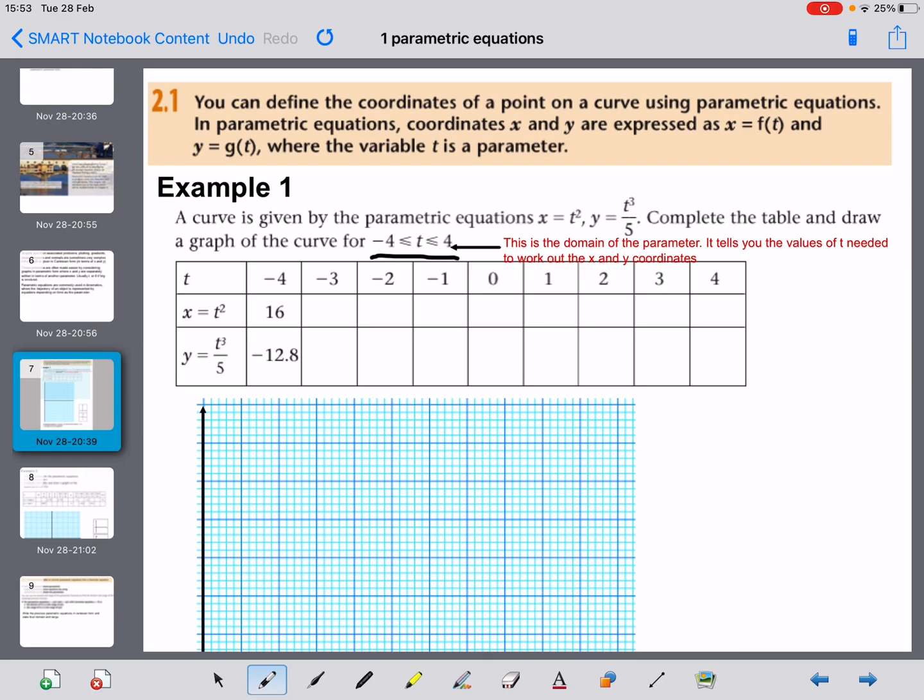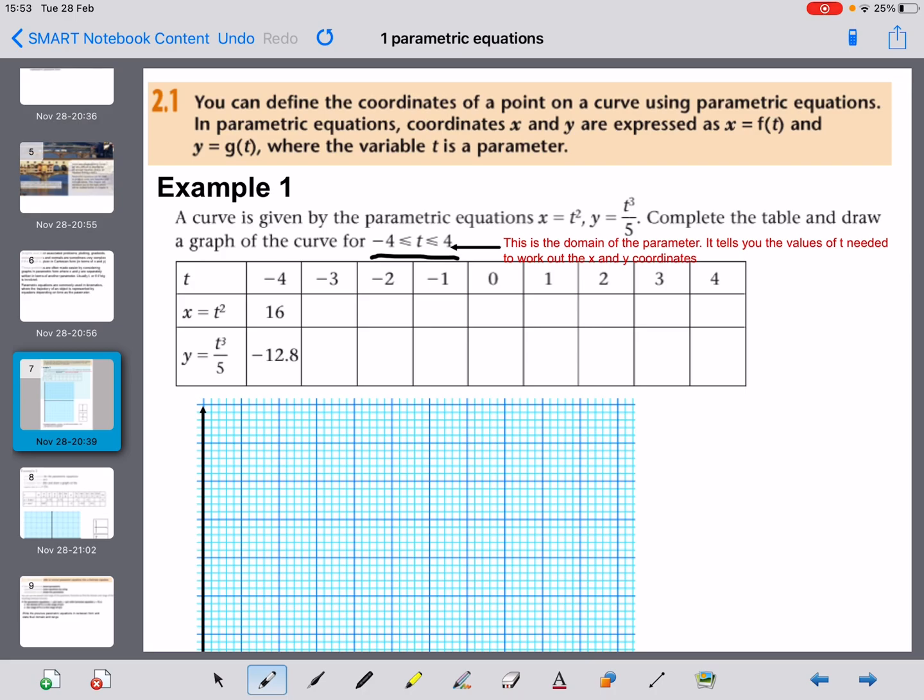Okay, so we've got a table of values. So t is going from -4 and then it's increasing by 1 each time until it gets to 4. Okay, we can work out the x coordinates by simply substituting our values for t into the first parametric equation. So we know that x equals t squared.